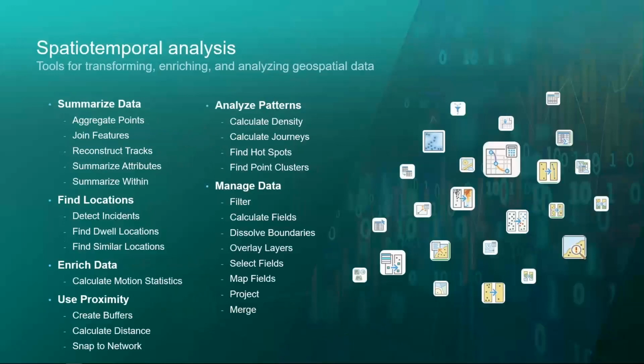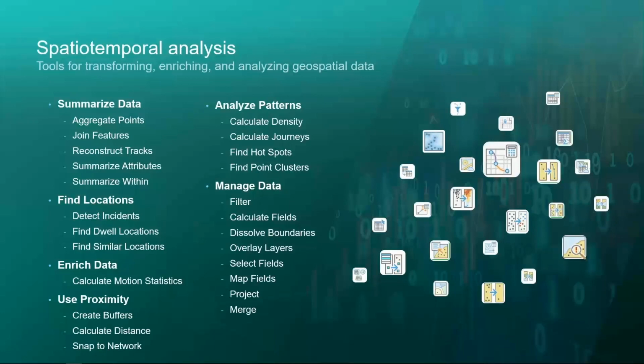There's a wide variety of spatiotemporal analysis tools included in ArcGIS Velocity for these purposes. This includes tools for summarizing data, detecting different kinds of incidents and behavior, analyzing patterns, and leveraging spatial proximity. Many of these are the same tools that are available today in GeoAnalytics Server within ArcGIS Enterprise.